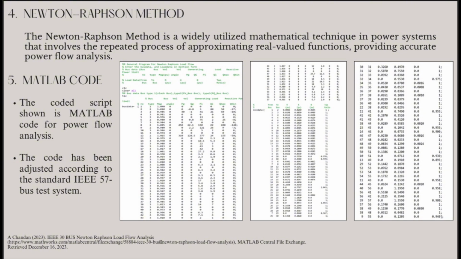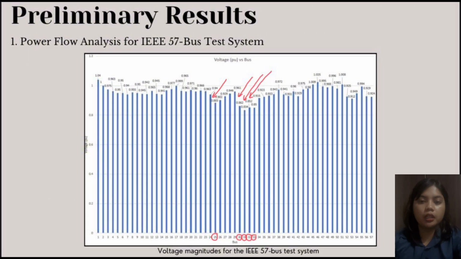Next, for the MATLAB code, the code is adjusted to match the standard IEEE 57 bus test system as shown in this slide. The graph shows that the lowest voltage magnitude is at bus 31 while the highest is at bus 1. In a power system, voltage magnitude at each bus must stay within the permissible limit of 0.95 to 1.05 per unit. There are 5 buses, 25, 30, 31, 32 and 33, showing voltage magnitudes outside the permissible limits.